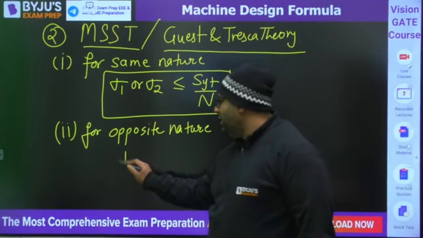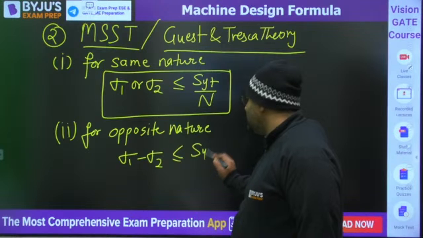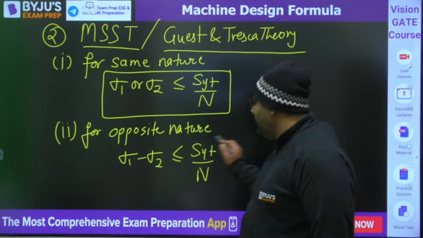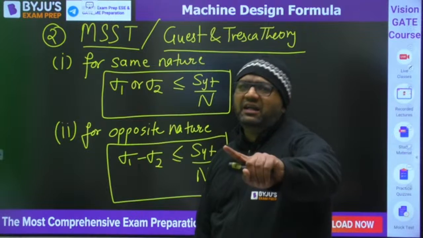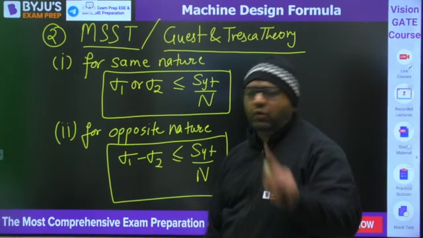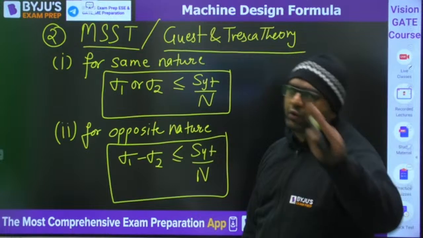For that, the formula will be sigma 1 minus sigma 2 is less than or equal to SYT by N. When I write SYT, you use SYT for ductile and SUT for brittle. So I am writing only SYT, but it refers to SYT or SUT.